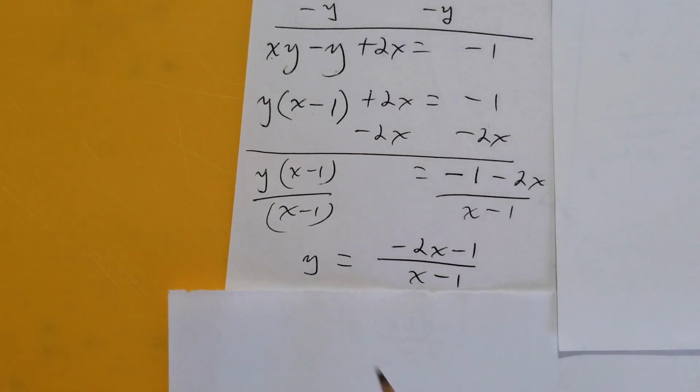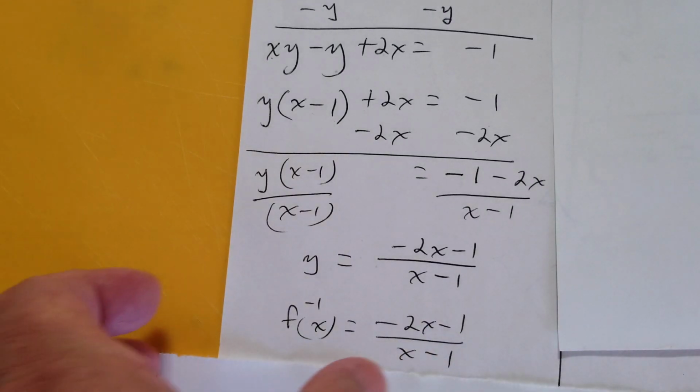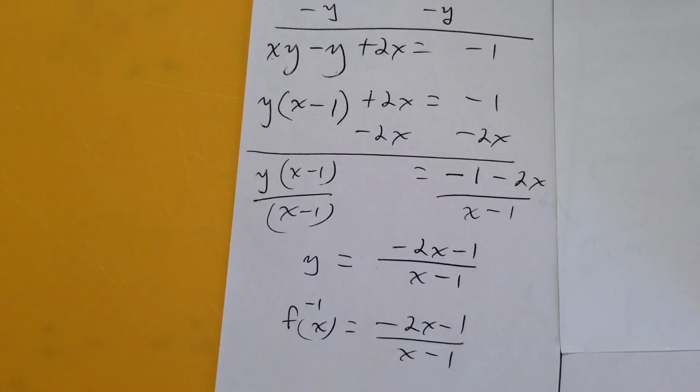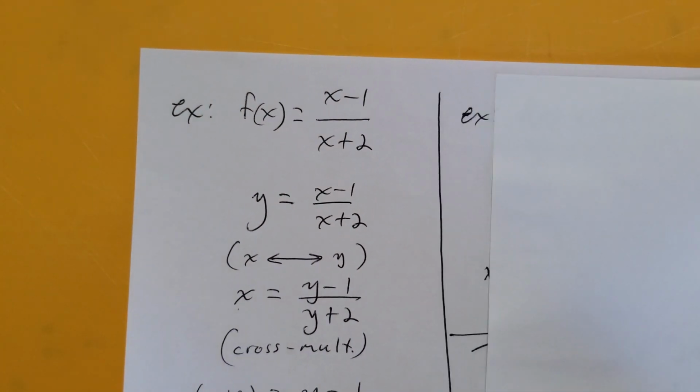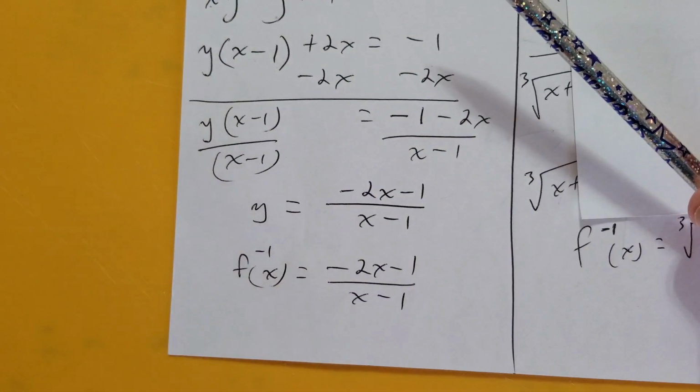Oh, there's one more step. Now that we know this is the inverse, we're going to use the inverse symbol here. So remember what we did. We started with a function, and we were asked to find the inverse, and here is the inverse. But it was all algebra. One more time.